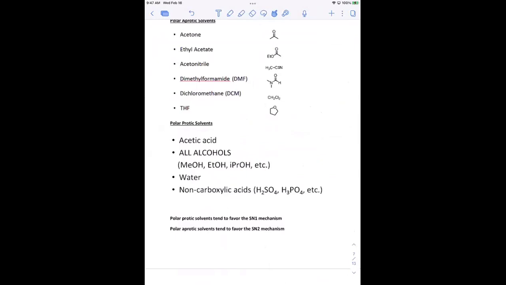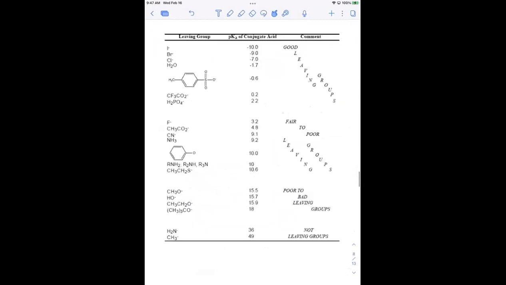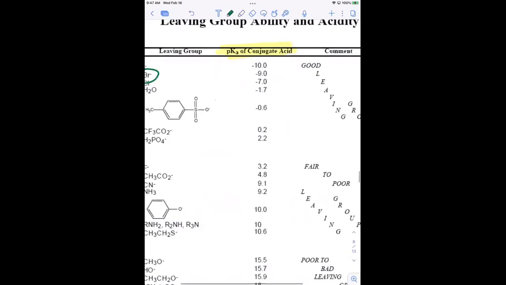My suggestion is just to commit these to memory. There's also a page here dealing with leaving groups. The way that you tell whether a leaving group is good or bad is to look at the pKa of its conjugate acid. If you remember from part one, for Br minus, the conjugate acid would be HBr.